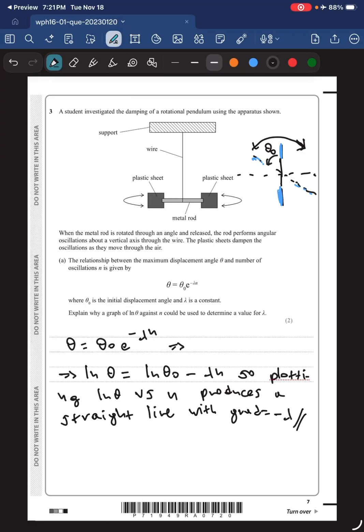And that's the answer. And this will allow you, of course, to find lambda, because this has the form y equals c, the constant, plus mx, where m is minus lambda, okay?